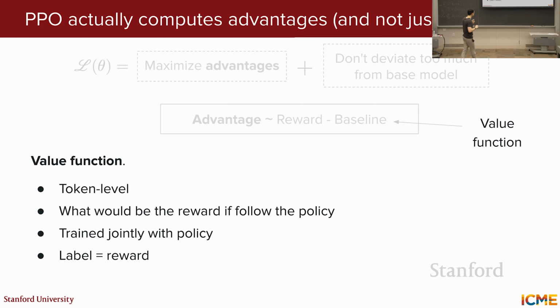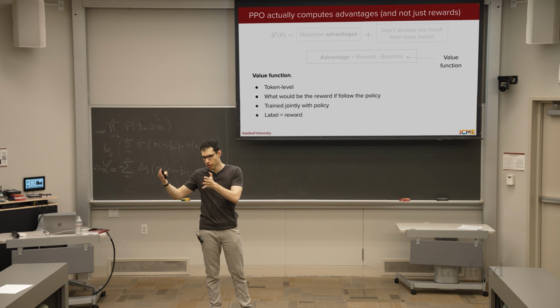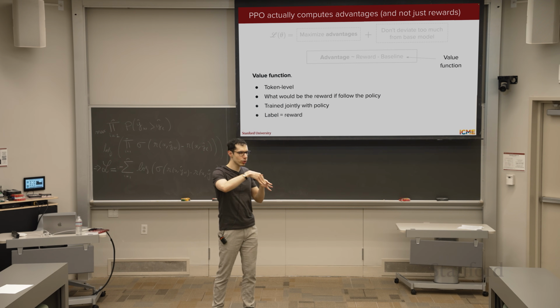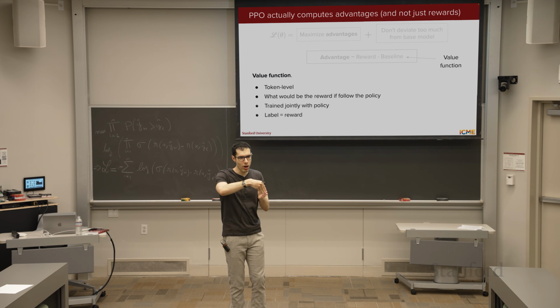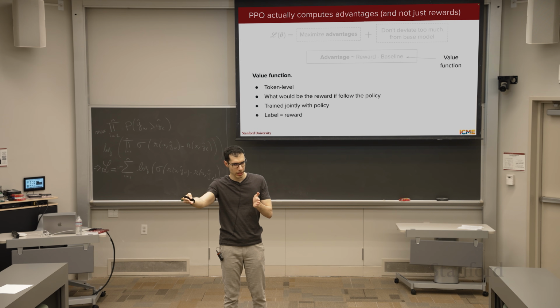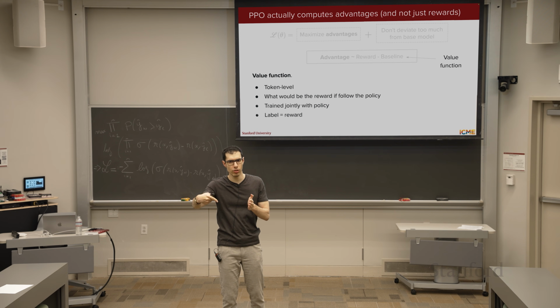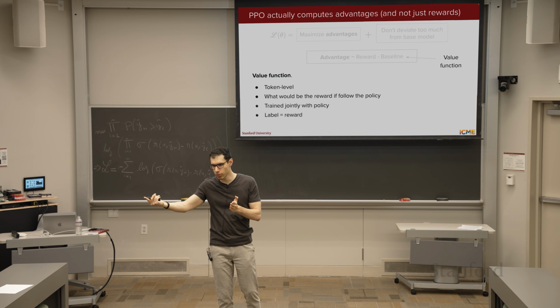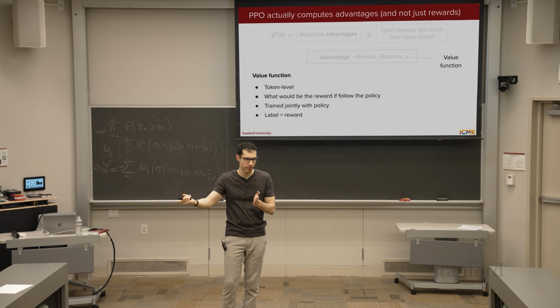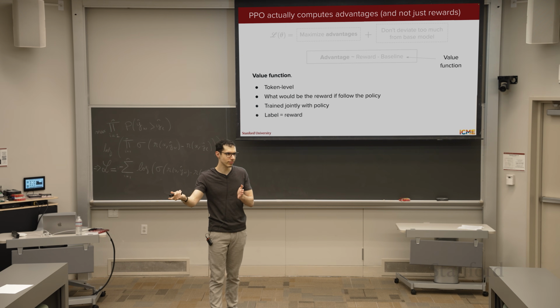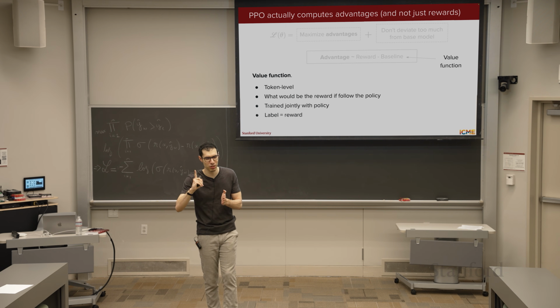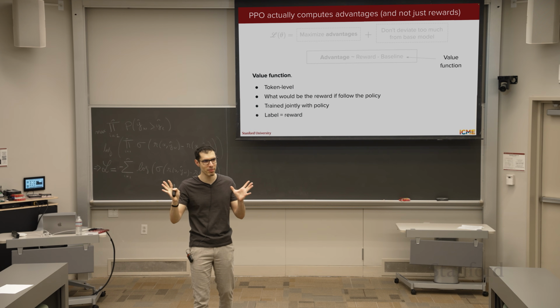What we're doing here is taking the prompt along with the partial generation as input, and trying to estimate what the reward would be if we were to continue to generate the output following the policy. I'm going to repeat this one more time because it's charged in meaning.